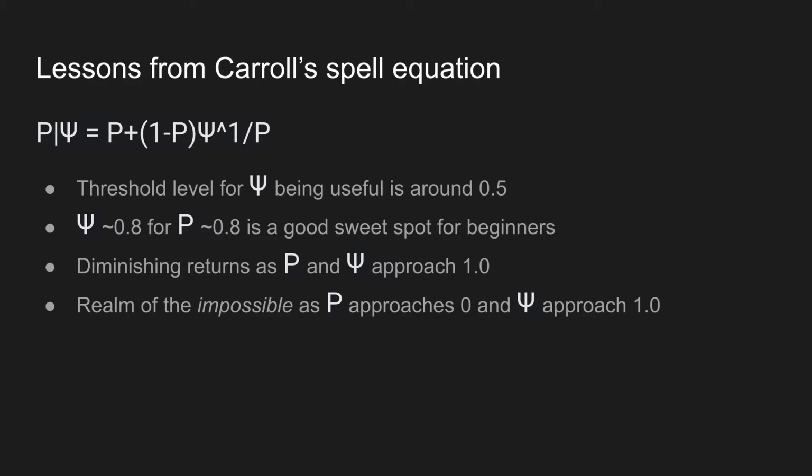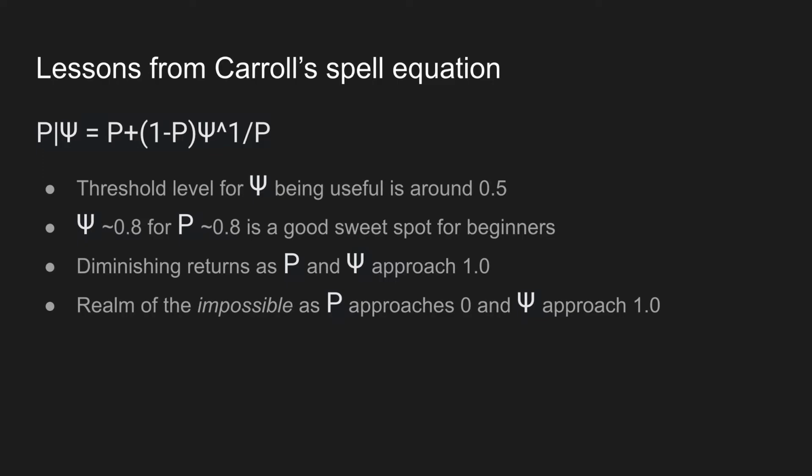But basically, the threshold for psi being useful whatsoever is around 50%, 0.5. And this is going to be pretty hard to get. So don't think, oh, I'm so magical, I can do anything. It's like, no, your magic probably sucks. It's probably not 0.5.